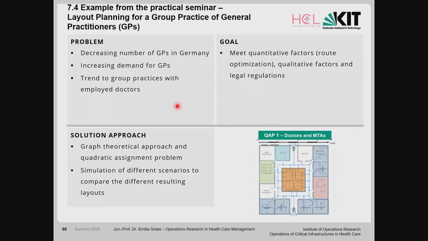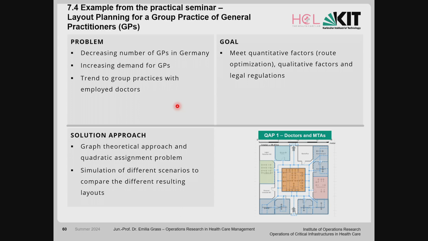To conclude this session, in one of Professor Nichols' practical seminars, his students had the problem that the number of GPs in Germany has decreased over the years, and what they are doing is that they are trying to go into the same building. So they group together in one building, in one practice.